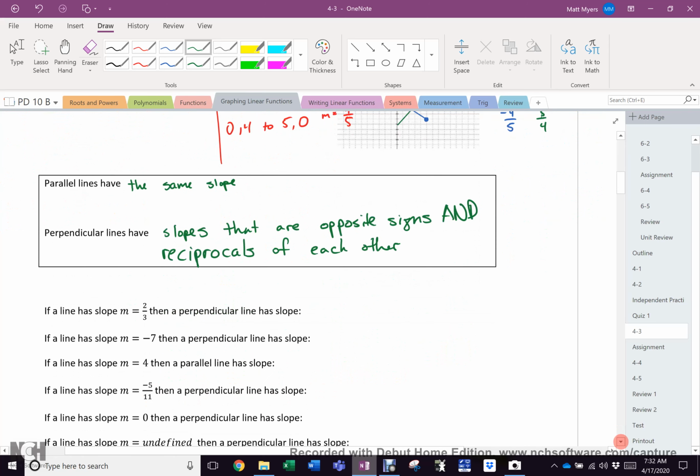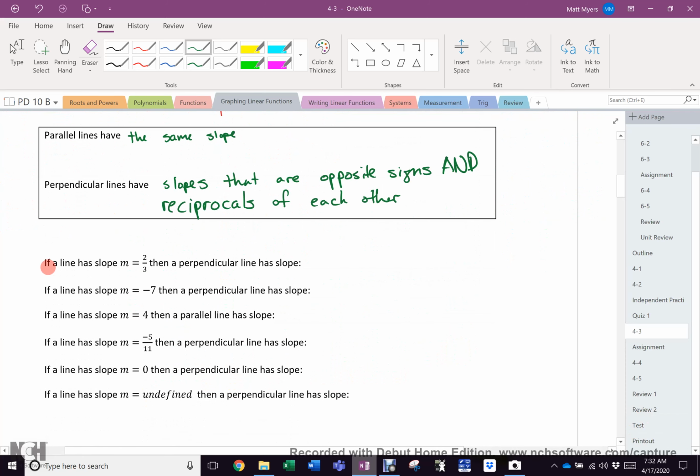So, let's look here. If the first line has a slope of positive 2/3, then a perpendicular line has the opposite reciprocal. So what's the opposite of positive 2/3? The m would be negative and reciprocate 3/2. Perpendicular to negative 7/1: I make the sign opposite, positive, and I flip it, 1/7.